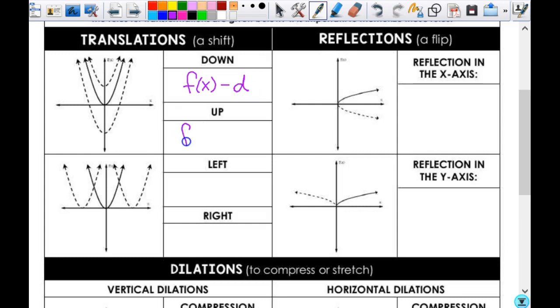If it goes up, then f of x plus d. When I translate left and right, that's going to change which value? X. And so f of, and if it's a left, remember x lies, so it's x plus what letter? C. And if it's to the right, it's f of x minus c.